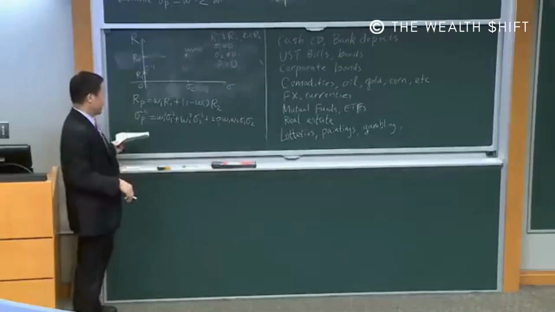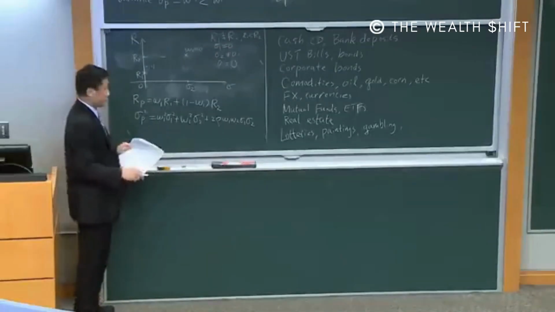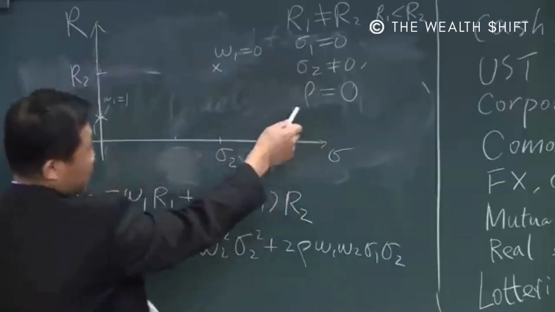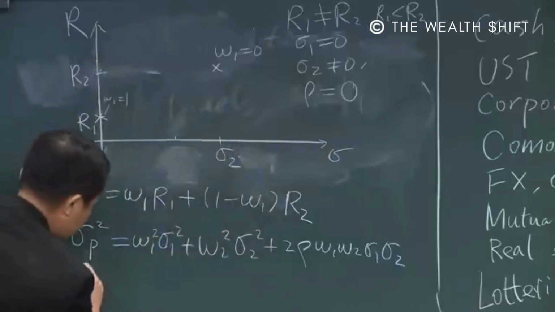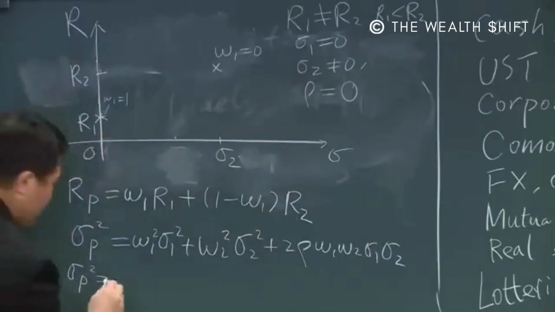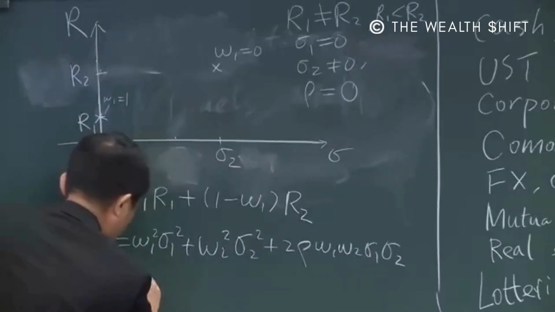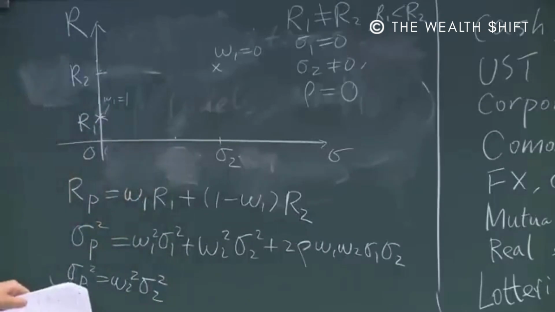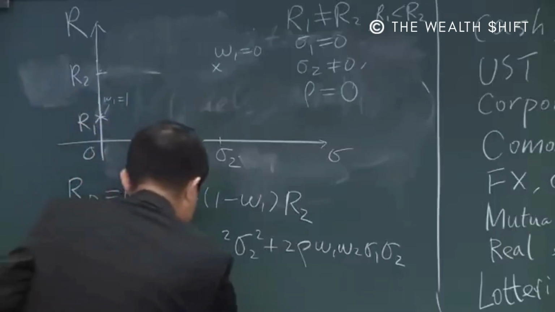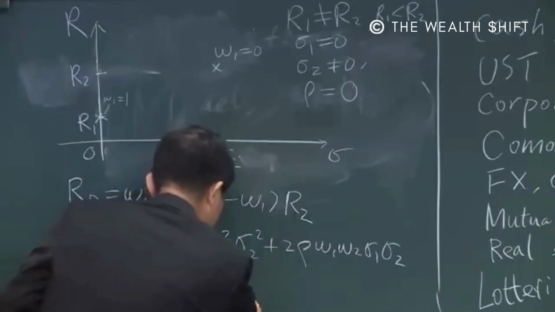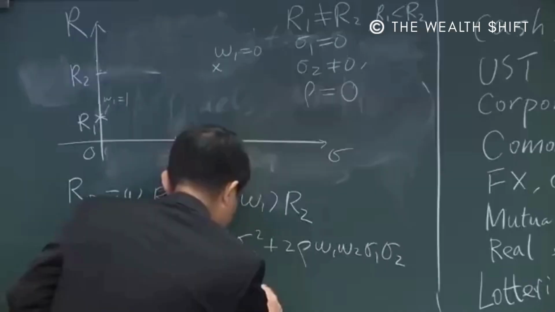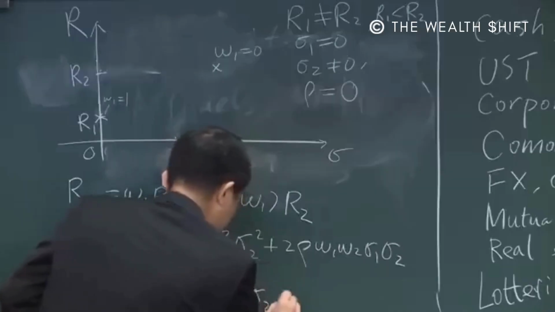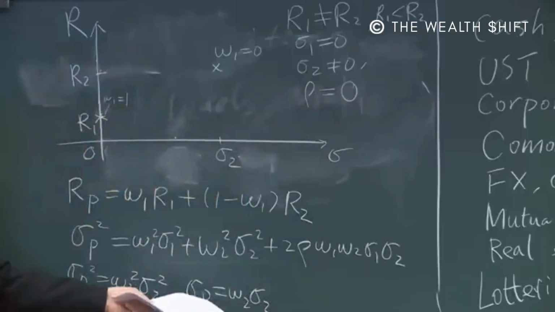Okay, let me derive this very quickly for you. Sigma 1 equals 0, rho equals 0. What's sigma p? Sigma p is essentially proportional to sigma 2 with the weighting.